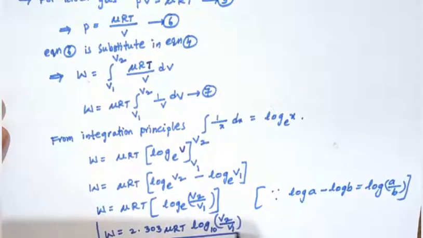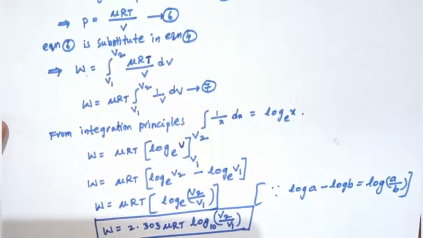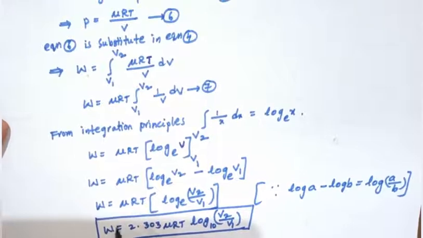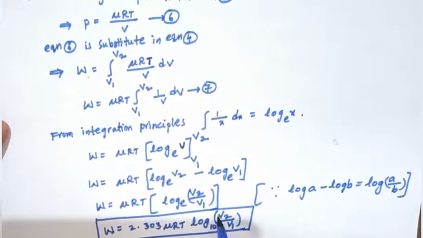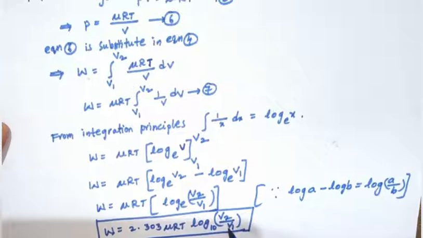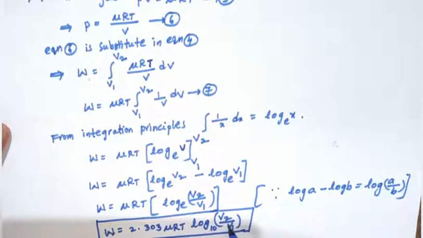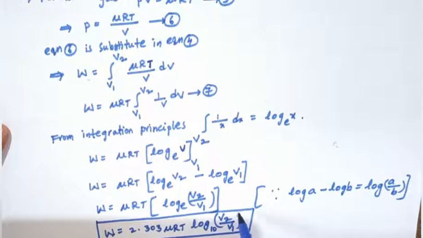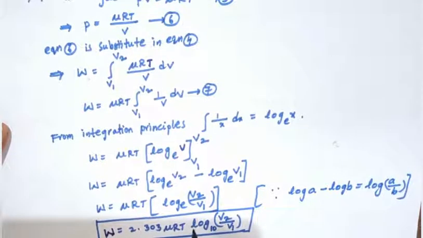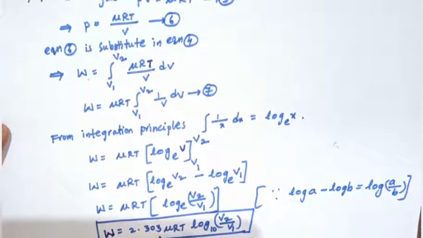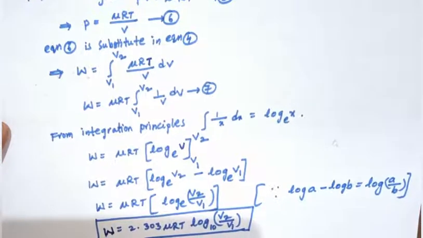This is the expression for the work done in an isothermal process, when the gas volume is increased from V1 to V2 or decreased. So the work done on the gas or by the gas, W equals 2.303 mu RT log base 10 V2 by V1.